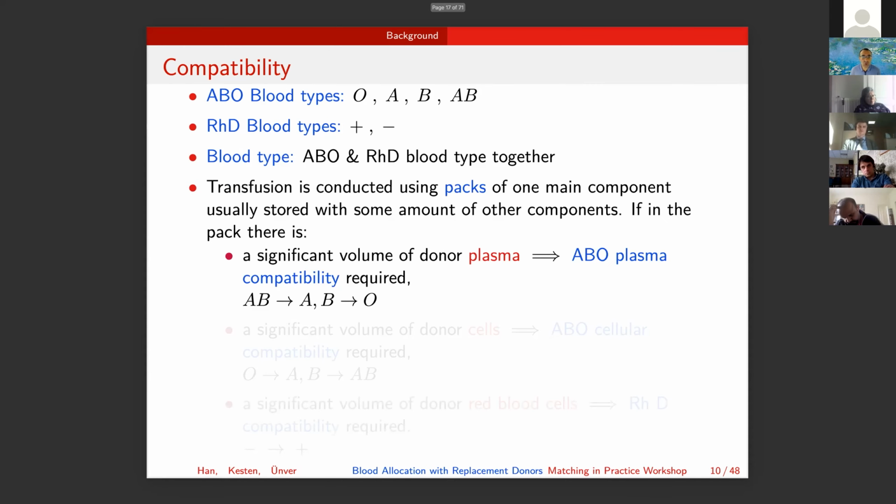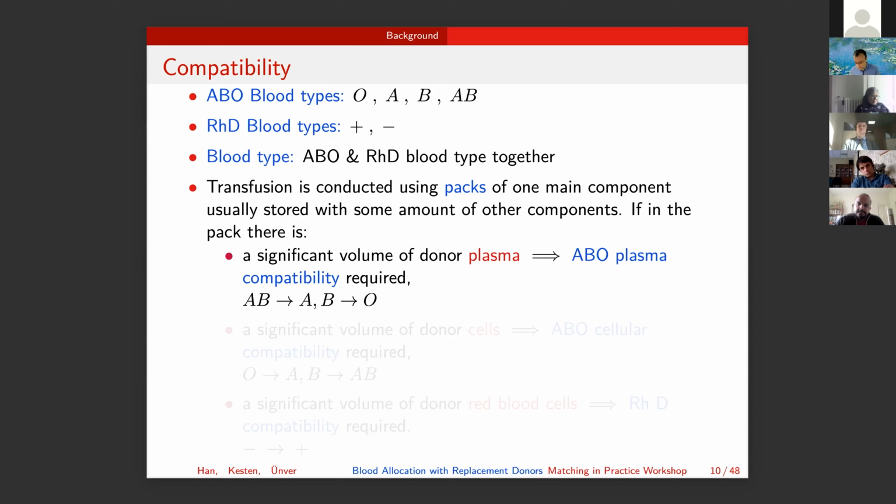This transfusion is conducted using packs of one main component, but usually stored with some amount of other components. For example, a very important example is platelets. Platelets are literally just a very little amount of platelets in a big pack. The pack is filled with blood plasma, so it is put next to the plasma.